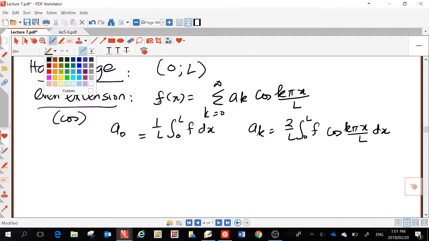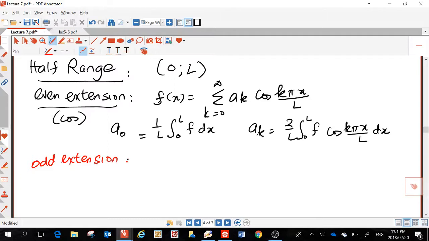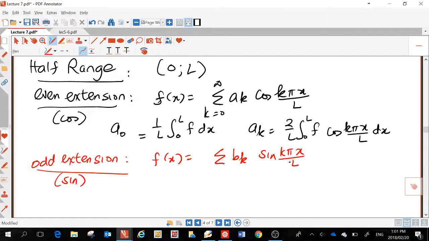On the other hand, if you were asked to deal with the odd part, so the examiner will say, find the Fourier sine. Then you know we're dealing with the odd part. In this case, your function f of x will have the shape sigma bk sine k pi x over L, k equals 0 to infinity.